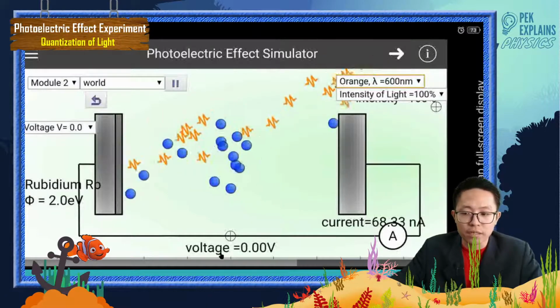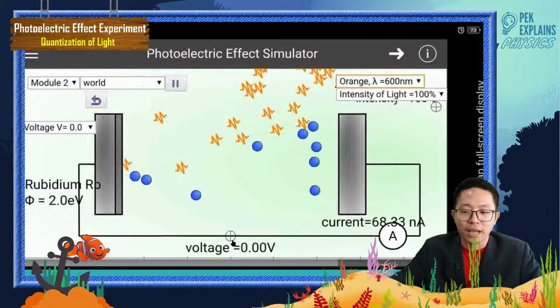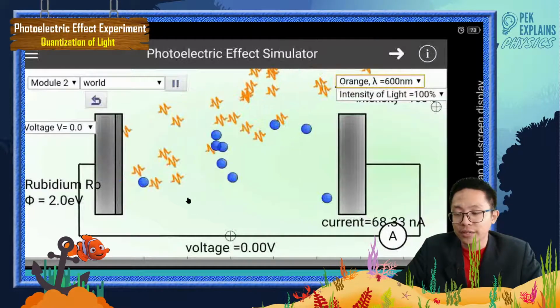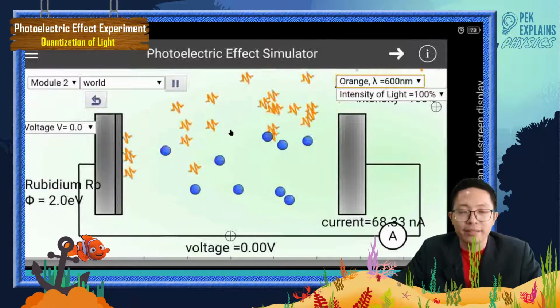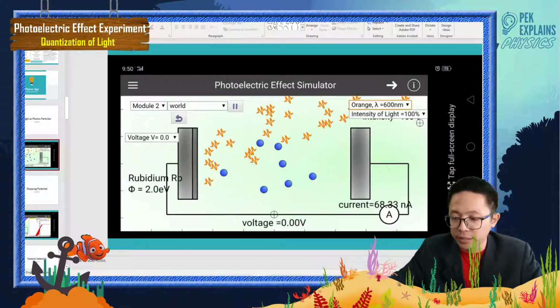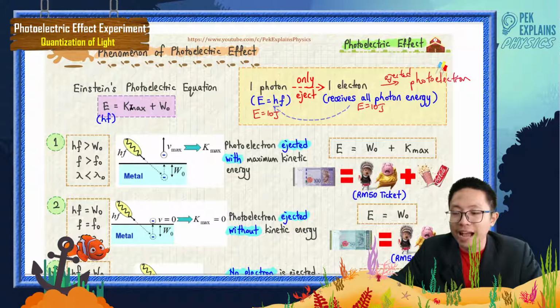It doesn't gain energy from the voltage anymore, because voltage doesn't provide any energy. But this electron gains energy from the light, from the photon. It has the kinetic energy. Again, this kinetic energy actually comes from the energy of the photon, HF.